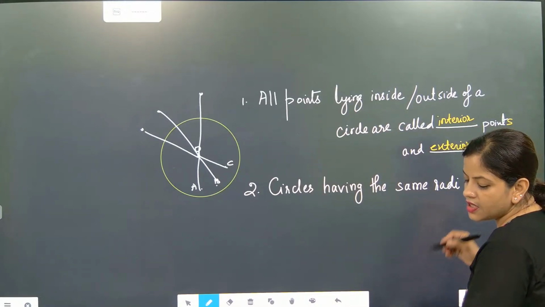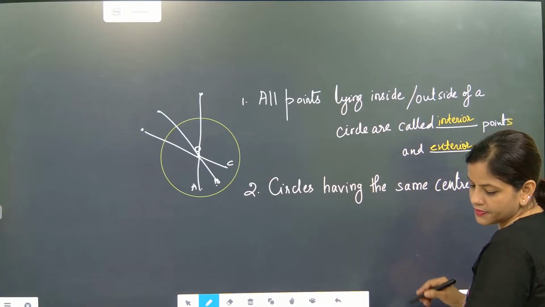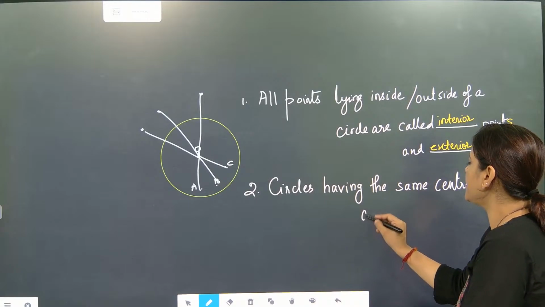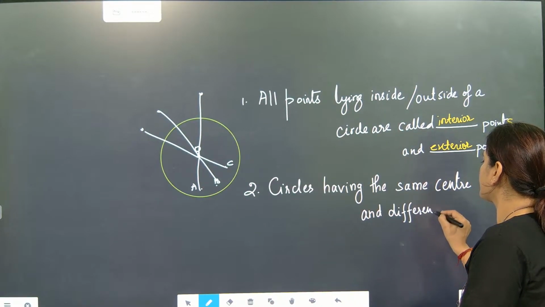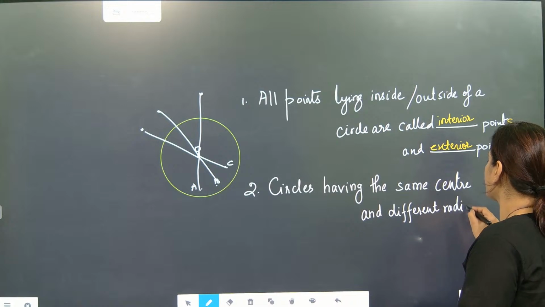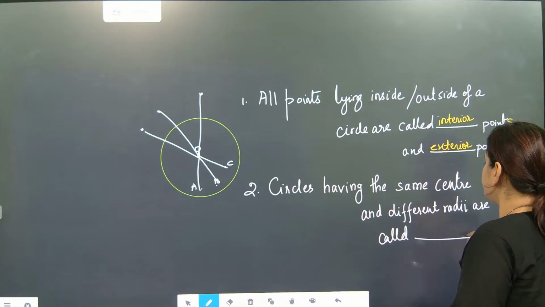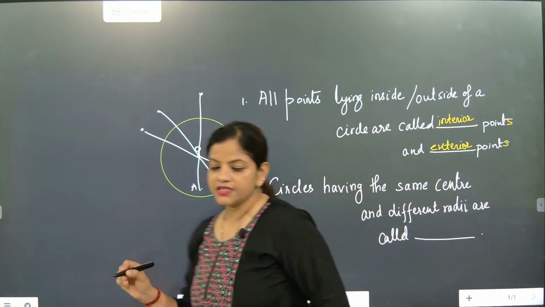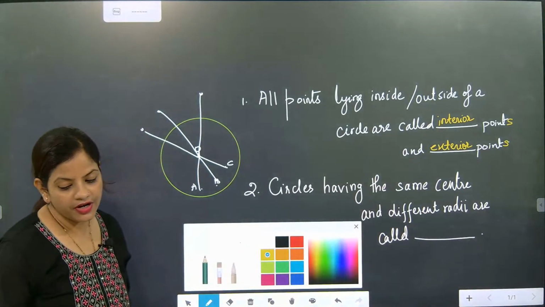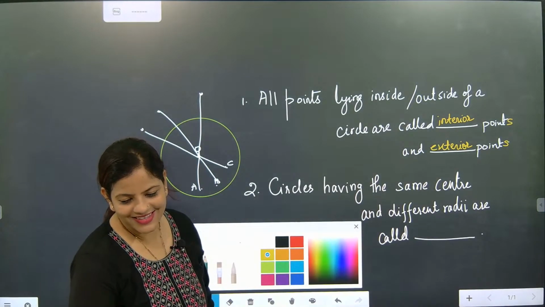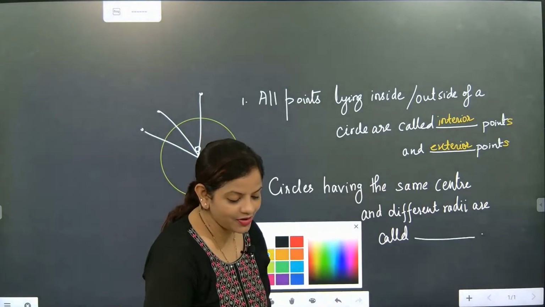Circles having the same center and different radii are called dash. Just now I taught. Let's see. Okay, online I got the answer. Let's see offline what answer they are going to give.